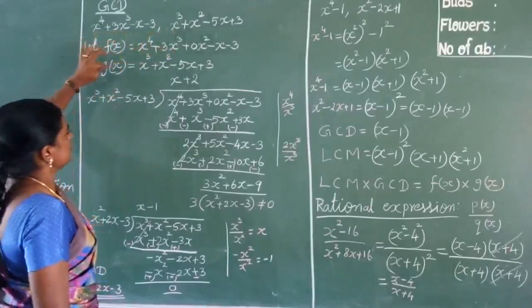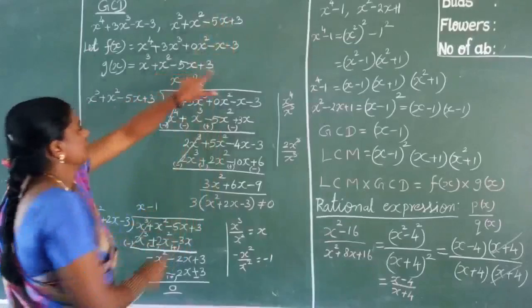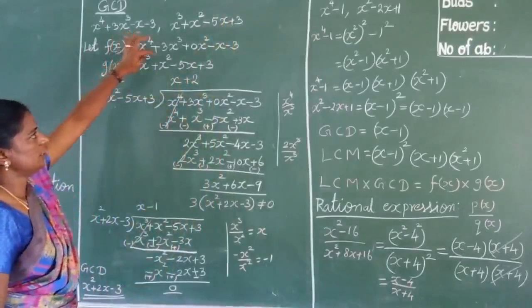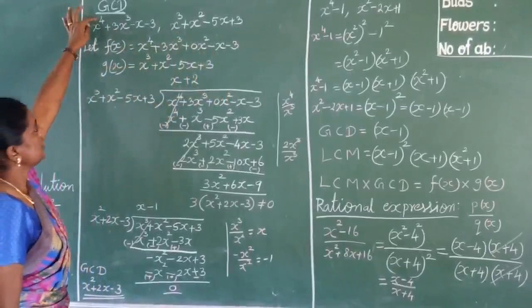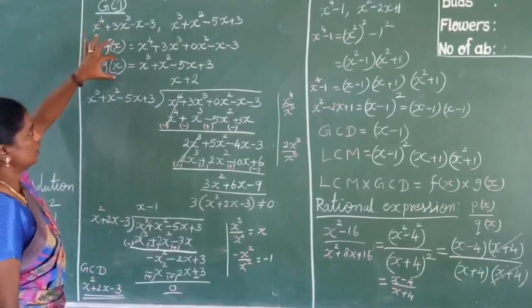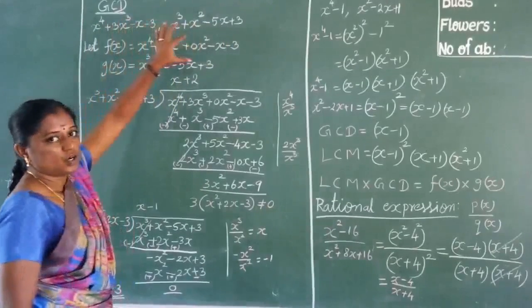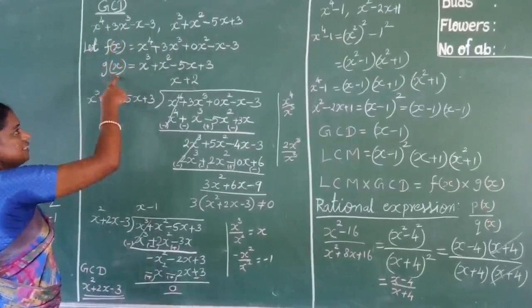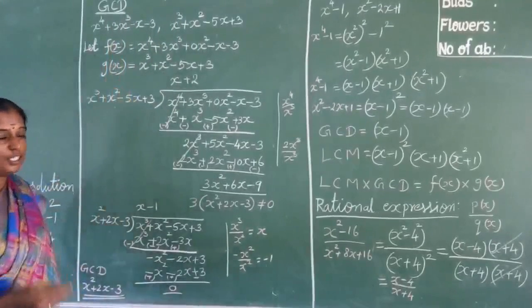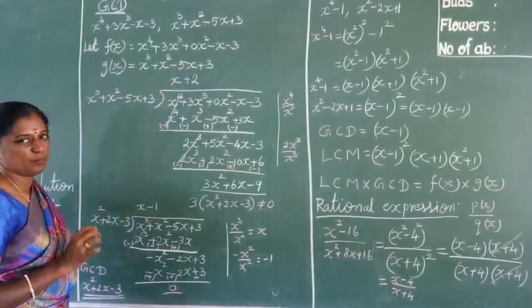This g of x is also x cube plus x square minus 5x plus 3. Here it is already written in order 3, 2, 1 and the constant. So first check it. The highest degree we select as f of x and the other one as g of x, and then write in power order. Divide f of x by g of x; if the remainder is 0, this g of x is the GCD of the given polynomials.